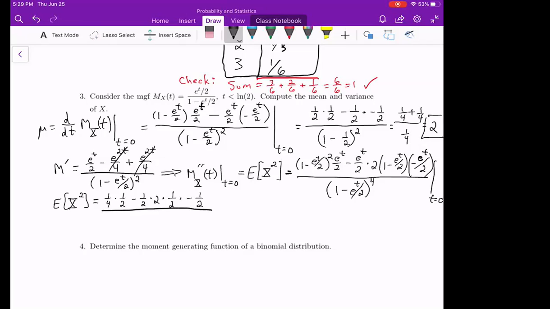Divide all of this by 1 minus a half to the 4th, which is 1/2 to the 4th, which is 1 over 2 to the 4th, which is 1/16.